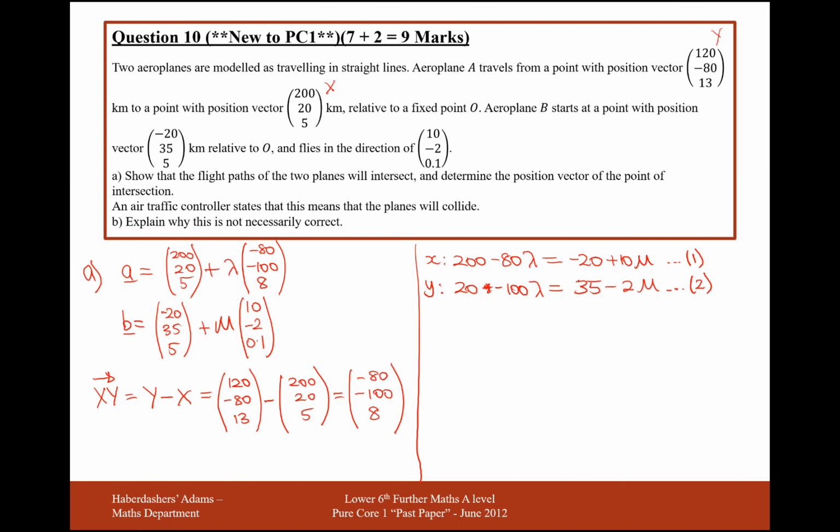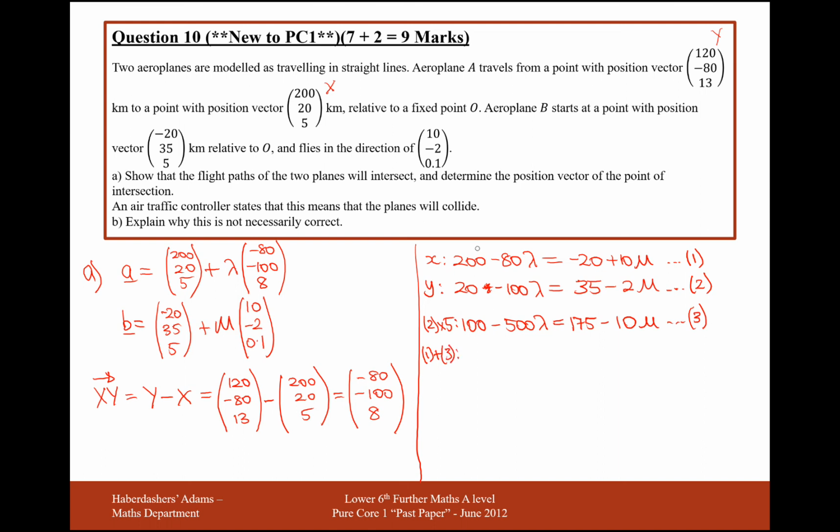So 2 times 5 is going to equal 100, take away 500 lambda, equals 5 times 35 is 175, take away 10 mu. We'll call this equation 3.